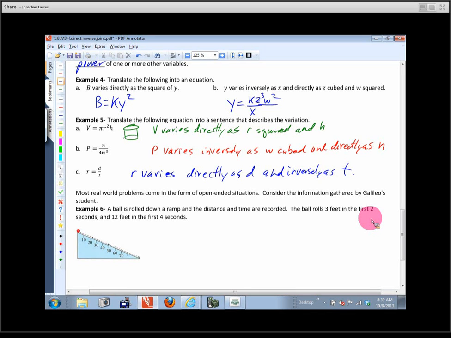Now, you have some problems that are just like that. They'll give you a formula, and all you have to do is describe it. Again, take note, we didn't need the pi, because that's a constant, not a variable. And this number right here is a 4, or if we looked at this another way, this would be 1/4 n over w cubed. So that 1/4 would be the constant of variation there.